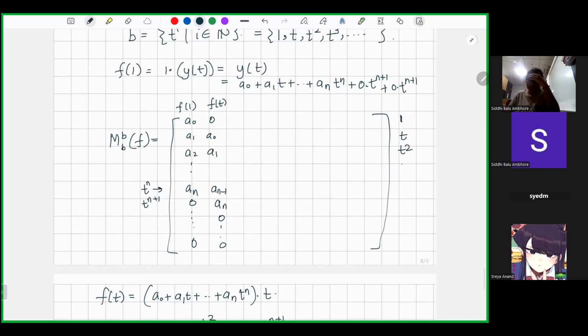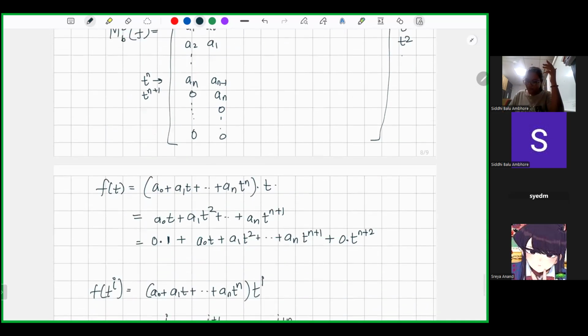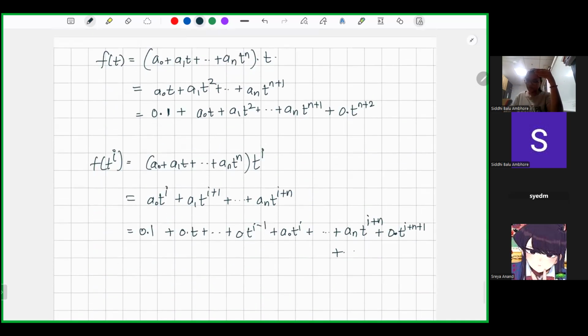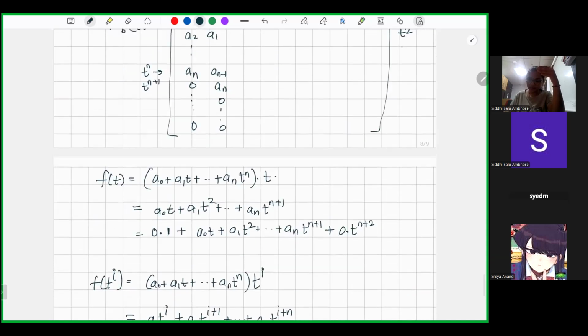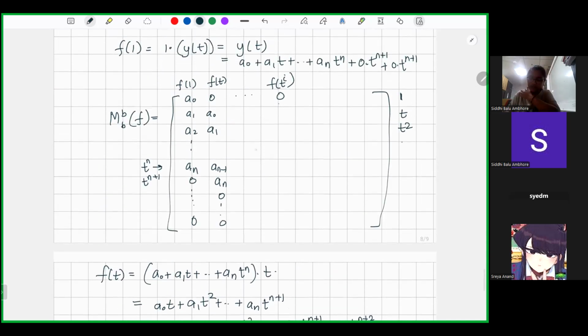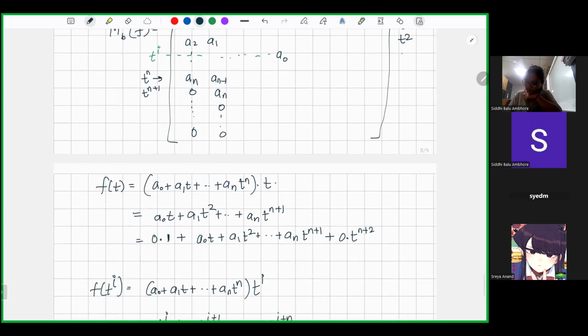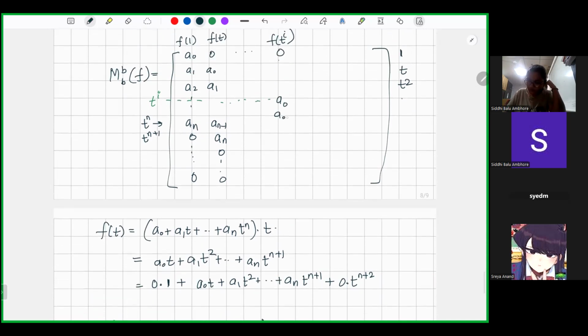So in the ith column, f of t power I, it is 0 everywhere, and the moment it goes to I, it becomes A naught. Suppose this is my t power I coefficient. So this becomes A naught, then A1, and so on.